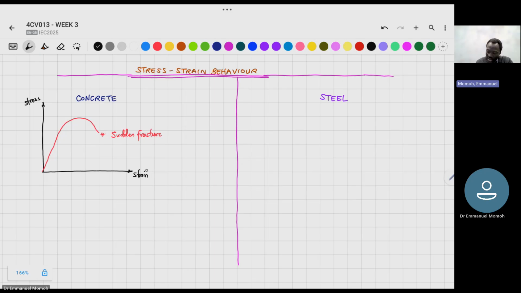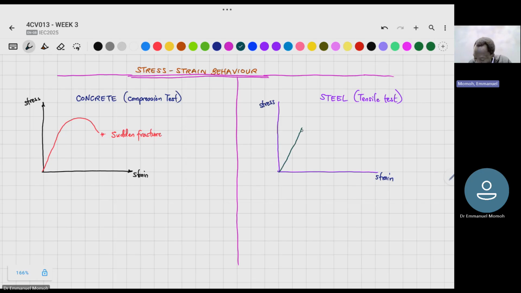On the other hand, if we test steel in the lab in tension, it first acts as a linear elastic material and then behaves as if it wants to fail, and then there is a strain hardening in the steel, and then it becomes plastic for a while before it fails finally. So the failure is ductile failure.